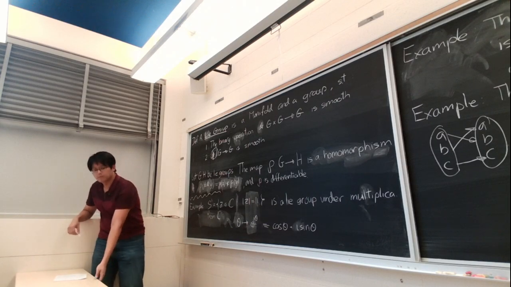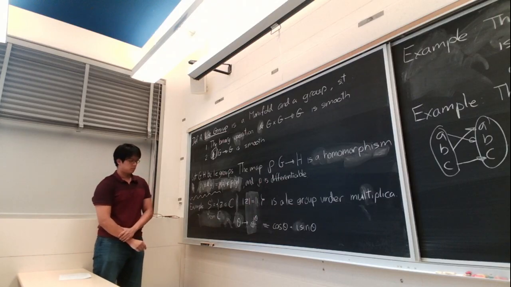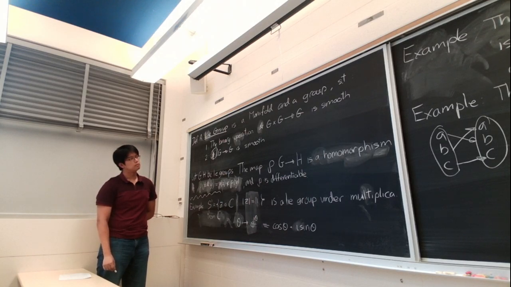What does this chart do? Suppose I had theta and phi. This chart takes theta and phi and sends it to e to the I (theta plus phi). But isn't that the same as e to the I theta times e to the I phi? Yes.